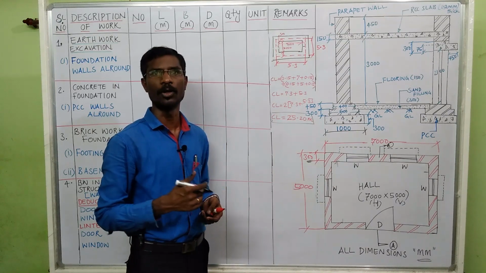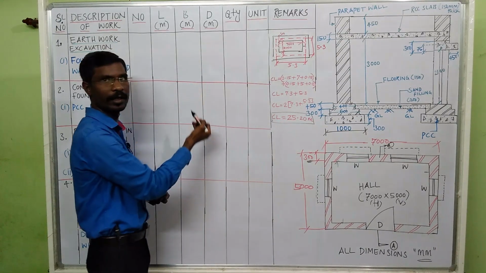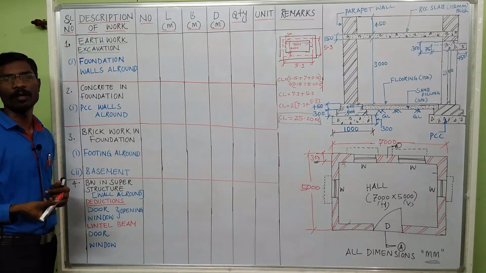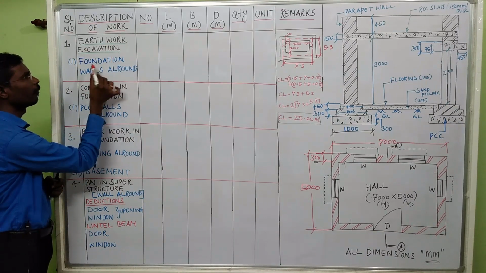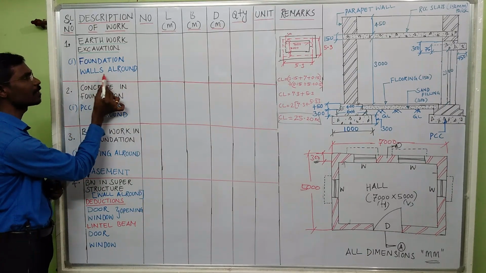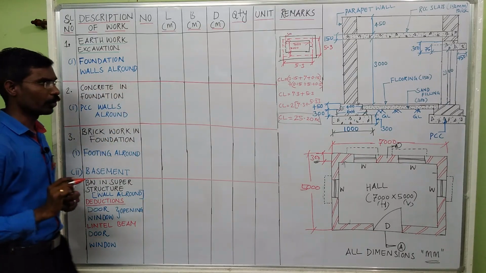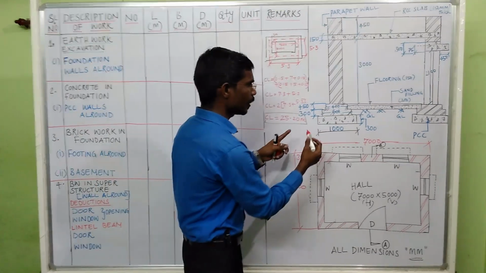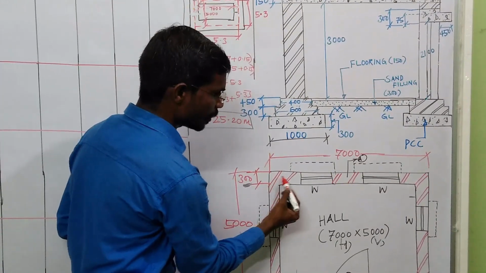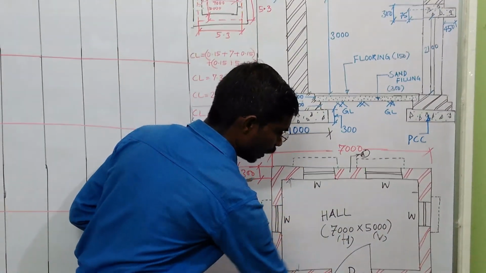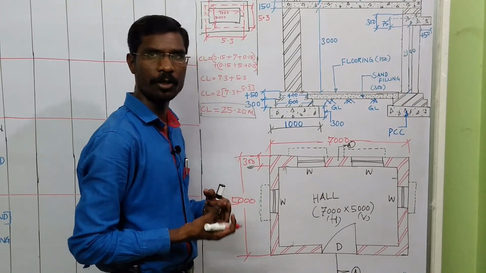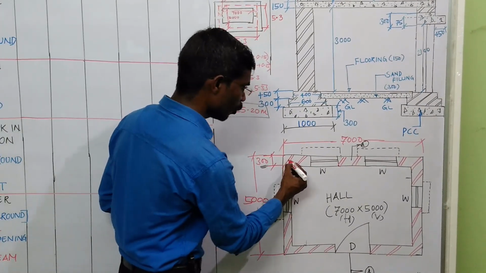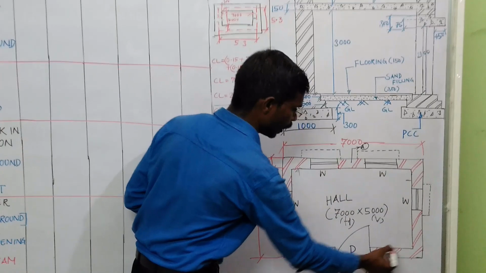Now we will move on to calculation of the different quantities. The first item of work we are going to calculate is earthwork excavation for the foundation, walls, all around. That means, just see here, we are going to excavate all around the building for the foundation purpose. How much length do we need to excavate? We know the center line length of the building already.